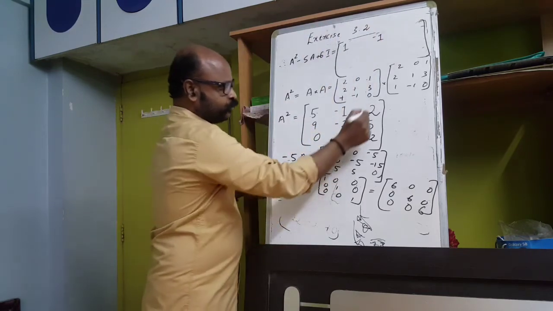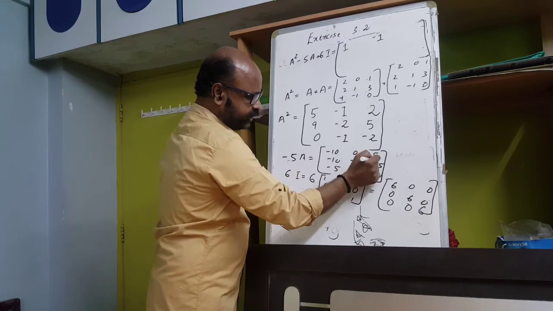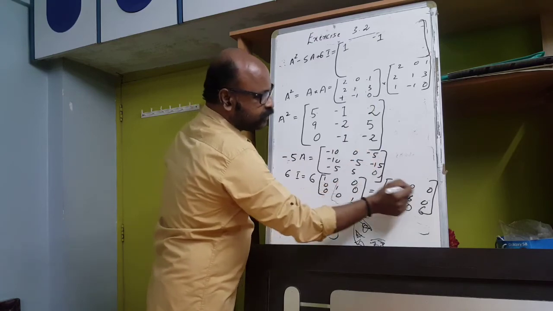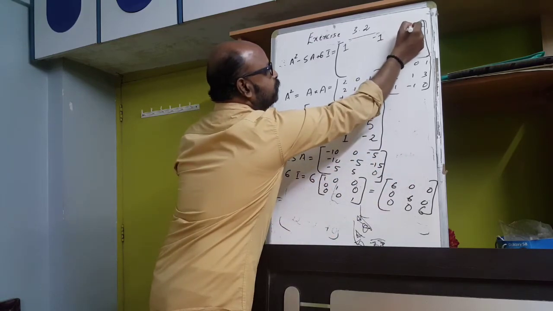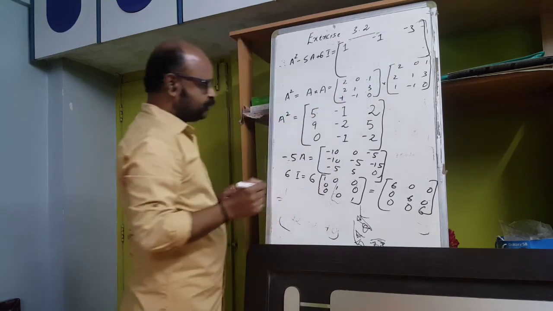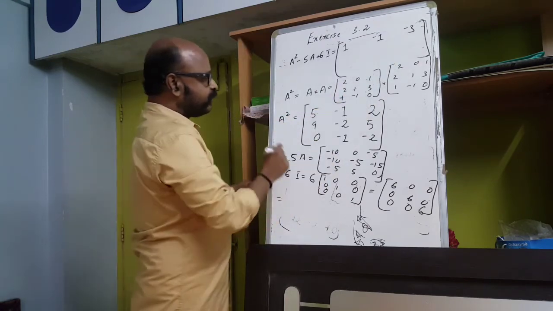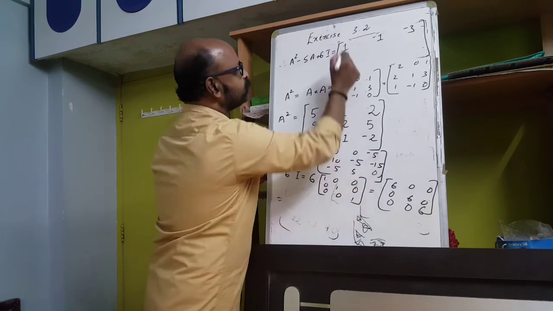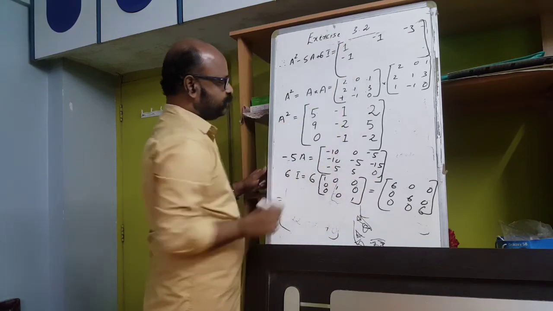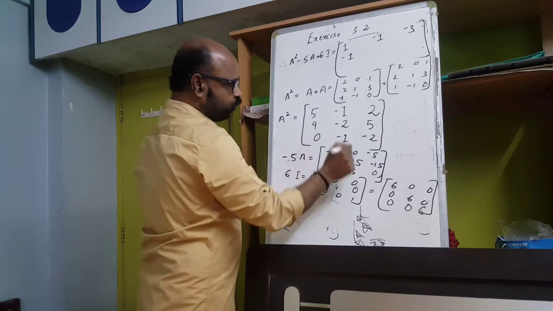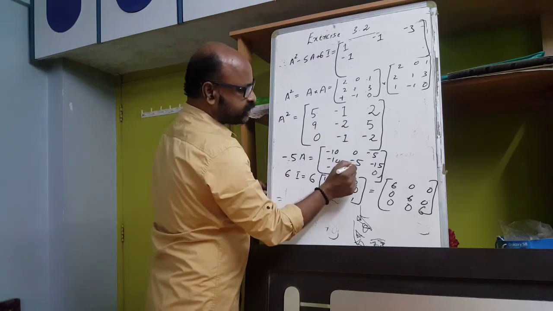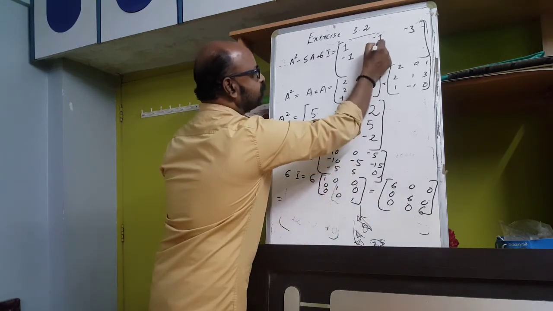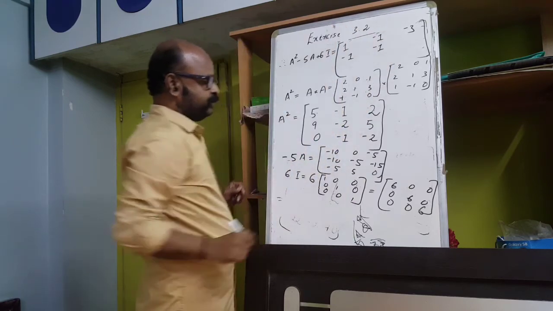Then 2 plus minus 5, that is minus 3 plus 0, it is going to be minus 3. Okay, then we come to second row, 9 plus minus 10, minus 1 plus 0, that is going to be minus 1. Minus 2 plus minus 5, minus 7 plus 6 is going to be minus 1 again.